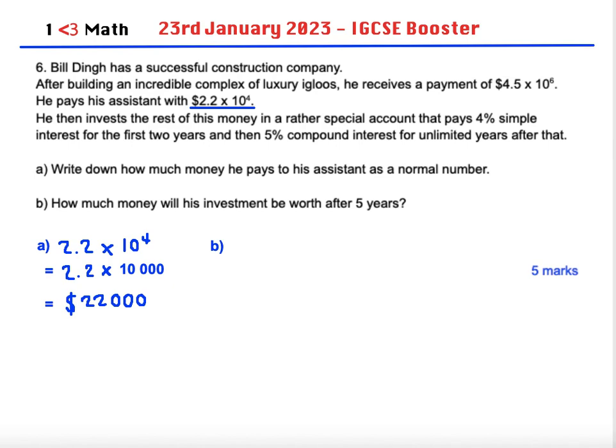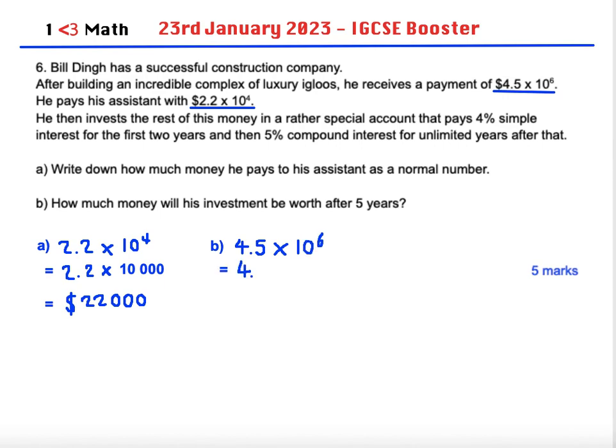Now we'll move on to part B. So part B asks us how much money his investments will be worth after 5 years. Now, first of all, we've got to find the value of the actual investment because he's paid some of the payment to his assistant and he invests the rest of the money. So 4.5 times 10 to the 6. 10 to the 6 is a million. So we're going to work out what that is as a normal number.